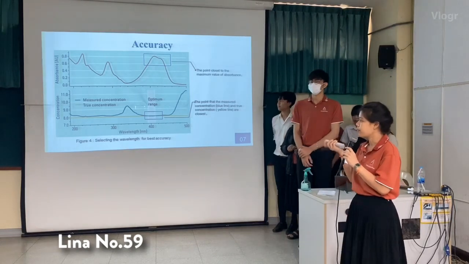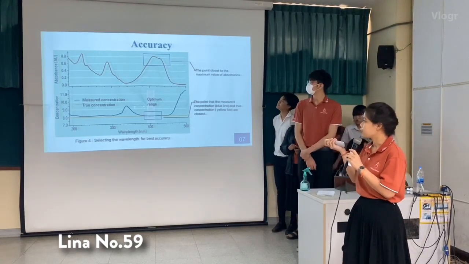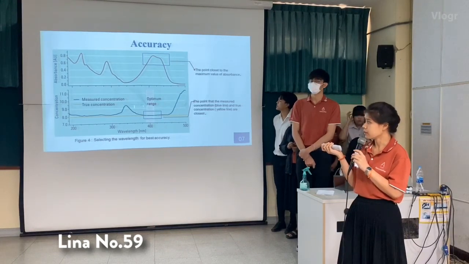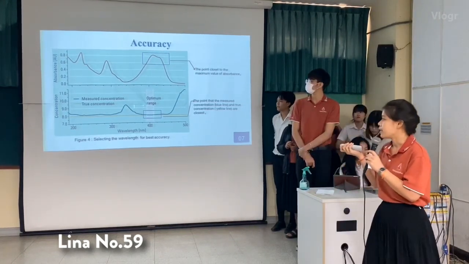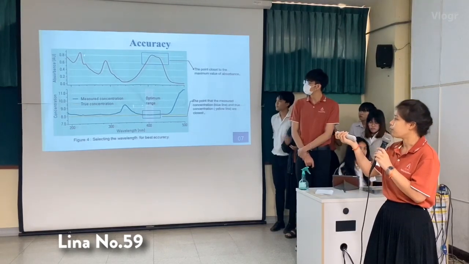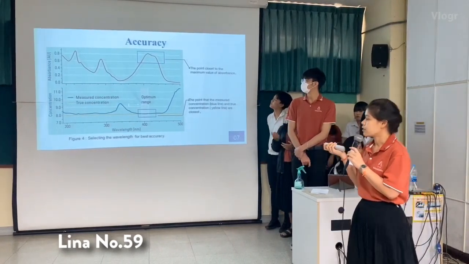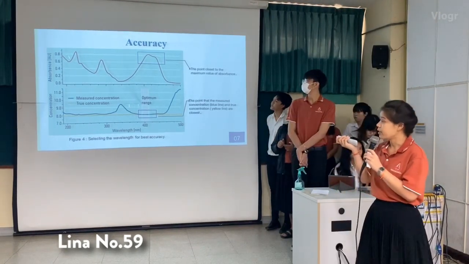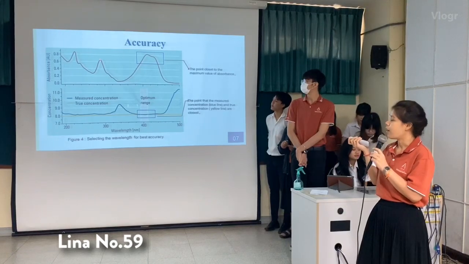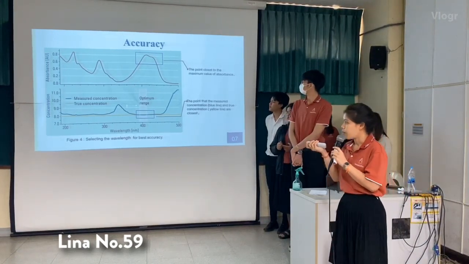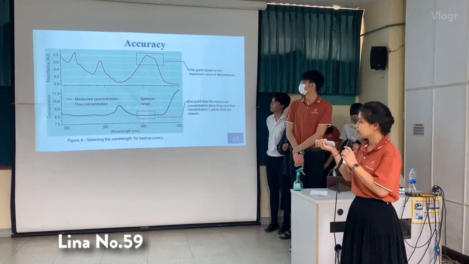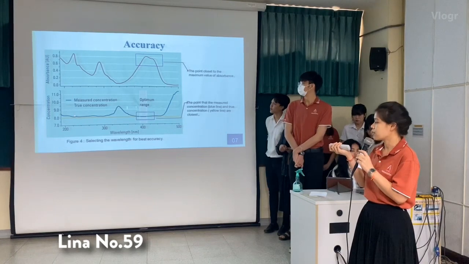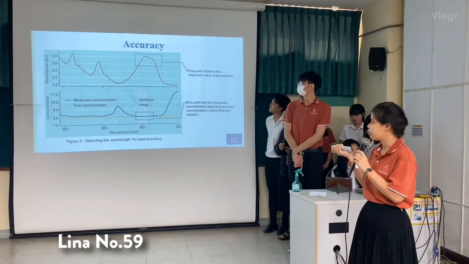In this graph, we can see the two graphs are related. The first graph is the absorbance value, where the maximum absorbance is the best value. But when we compare the measured concentration, it is not closest to the true value.